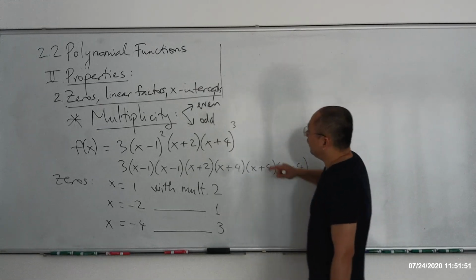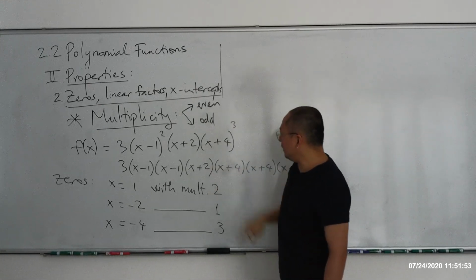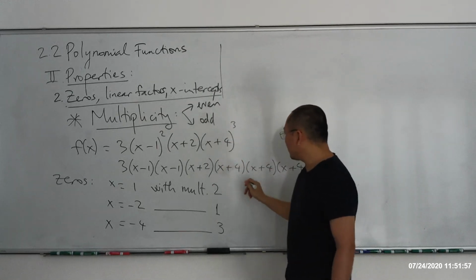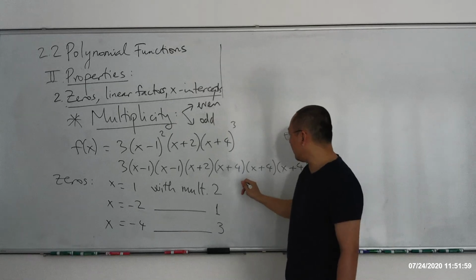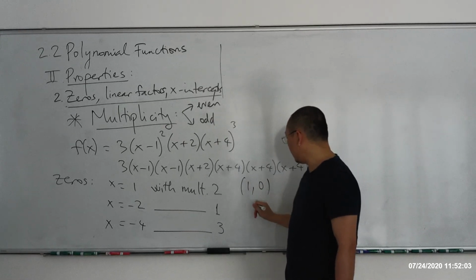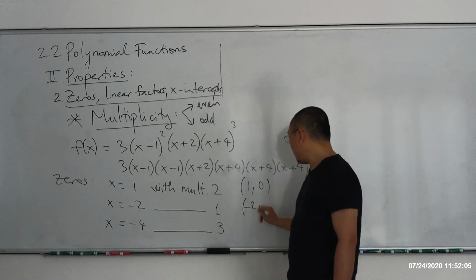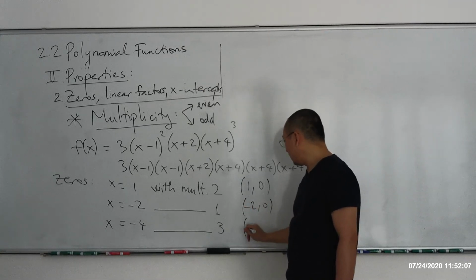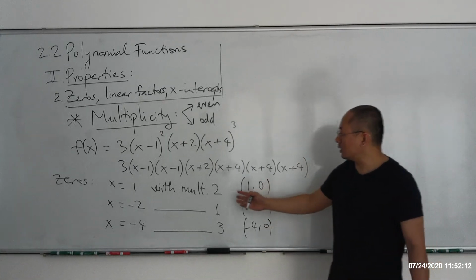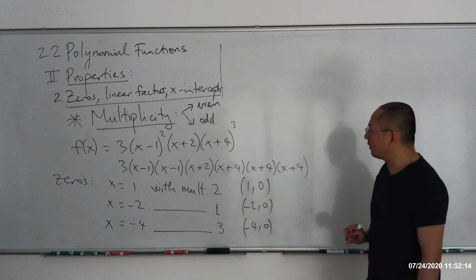And if you have a zero with multiplicity, what are you going to have? Well, we learned before we have x-intercepts, right? So in here we have 3 x-intercepts. 1, comma 0, x-intercept. -2, comma 0, that's another x-intercept. And then -4, comma 0, that's a third x-intercept. And I claim that the multiplicity will tell you different types of x-intercepts.